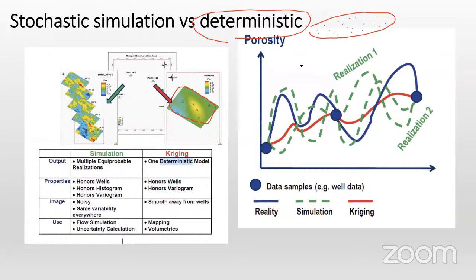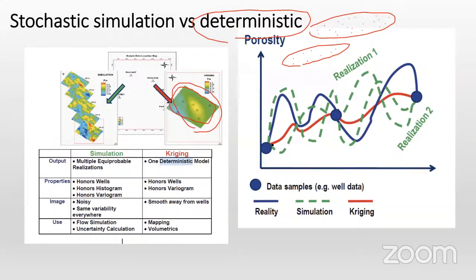But assume that you don't have many wells. So you must randomly distribute the properties. If you use the deterministic method, because it just honors the well data, it creates very smooth maps.